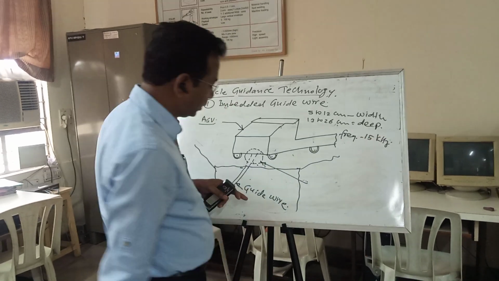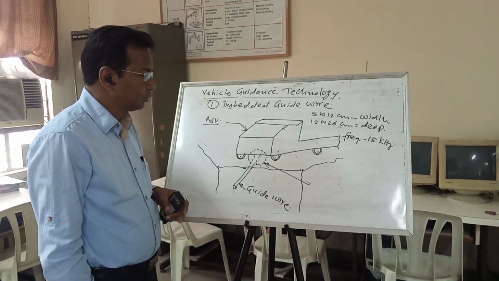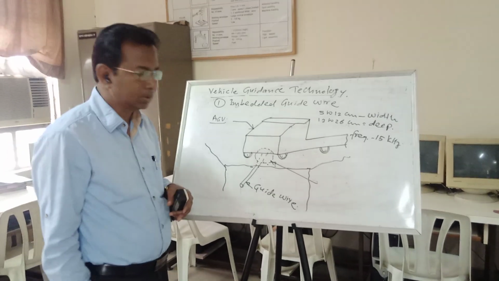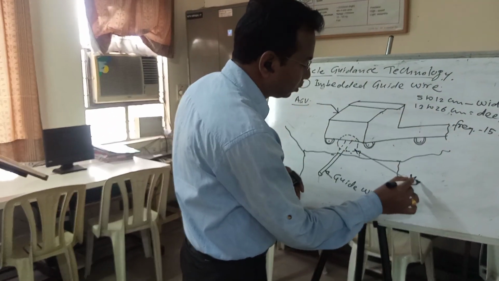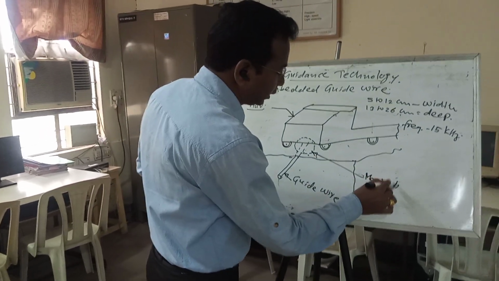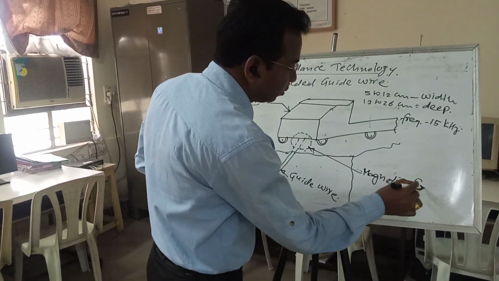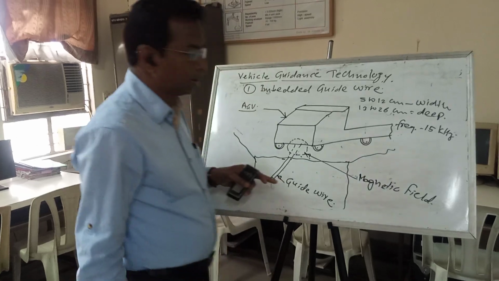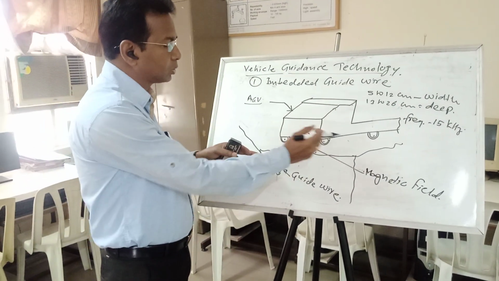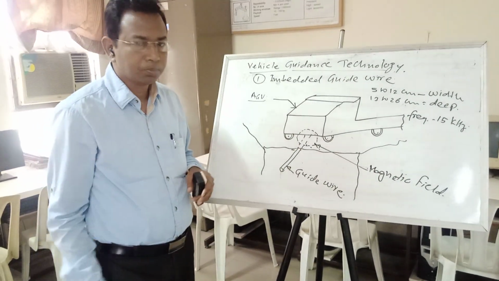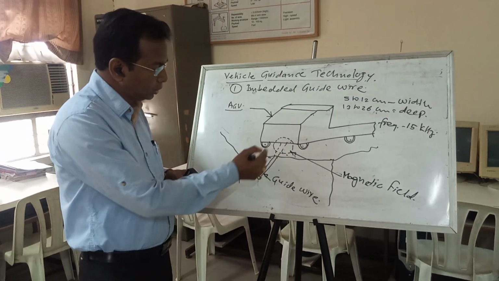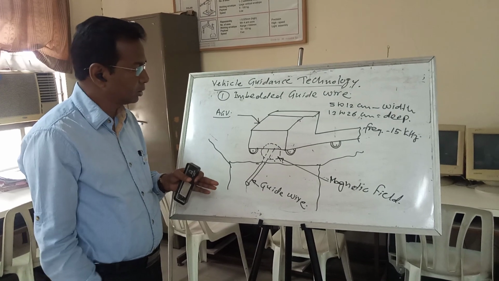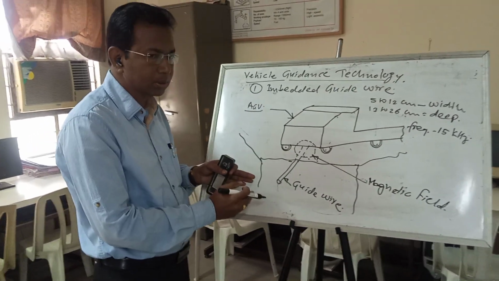After the frequency is generated, it produces a magnetic field. After generating the magnetic field, the vehicle proceeds in the forward direction. This is one of the technologies generally used to define the pathway.